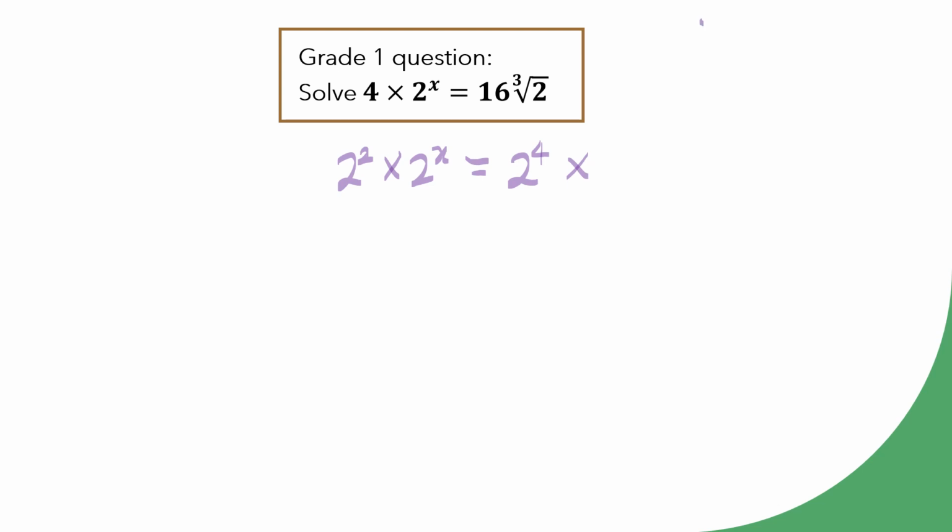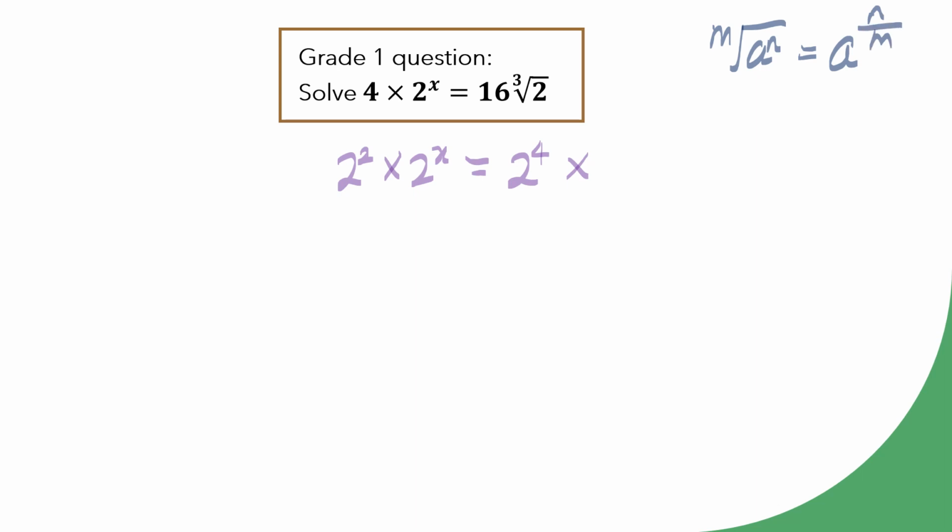Here we will have to apply a rule that you have learned in the indices chapter. This is the radical form. If you were to convert it to index form, this will be a to the power m over n, n over m. It's actually quite easy to remember.